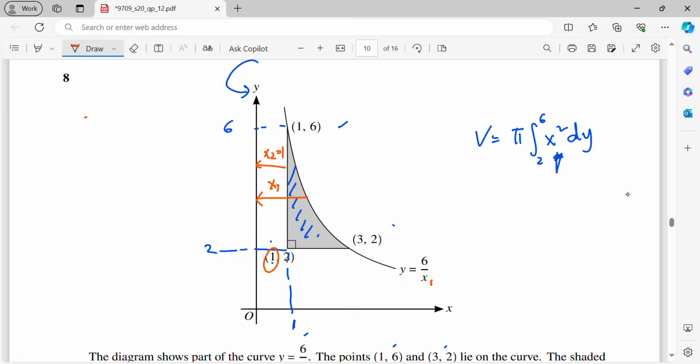It's like you find the volume of everything, then you minus the middle value, the hollow, because the middle is hollow. You minus this, and that will be the volume of this part. So the idea is you use a longer x minus a shorter x.